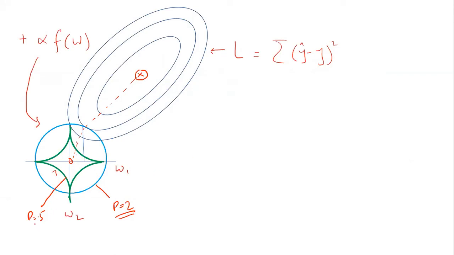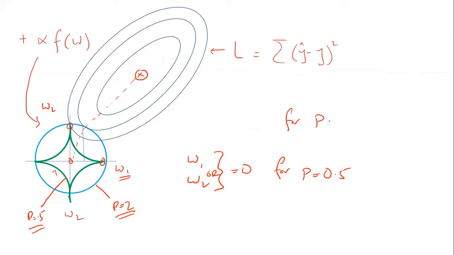Now, what happens when P is equal to 0.5? The argument that I'm making is that when P is equal to 0.5, you are most likely going to end up with either W1 or W2 being equal to 0. And for P equal to 2, this optimal solution is not necessarily going to be where W1 and W2 are equal to 0.